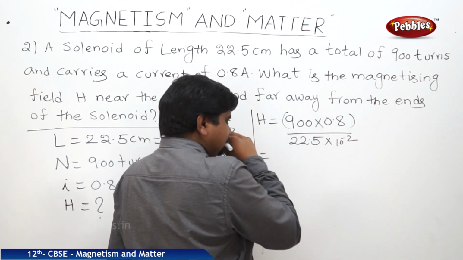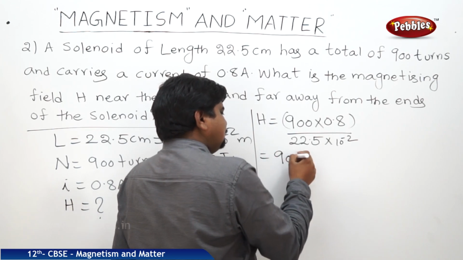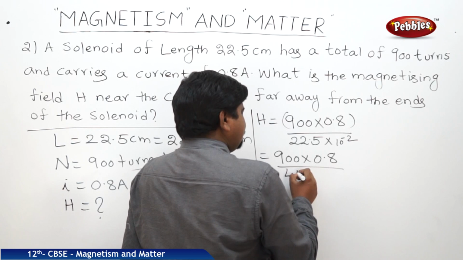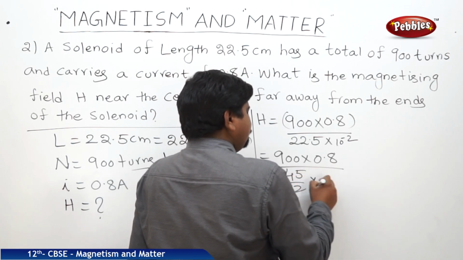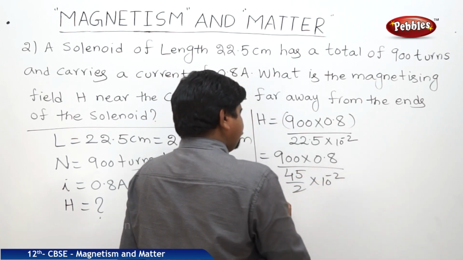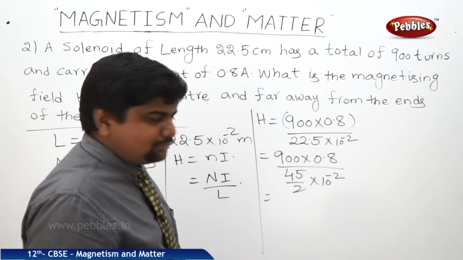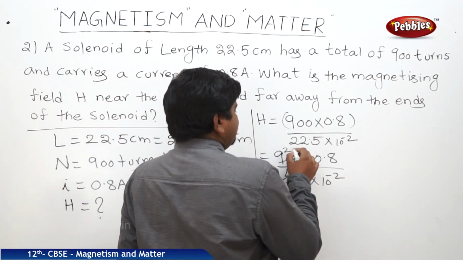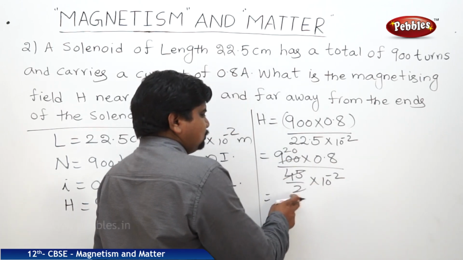So if you substitute it, 900 into 0.8, 22.5 we can write 45 by 2 into 10 to the power of minus 2. This 2 will go up. So 45 into 20.